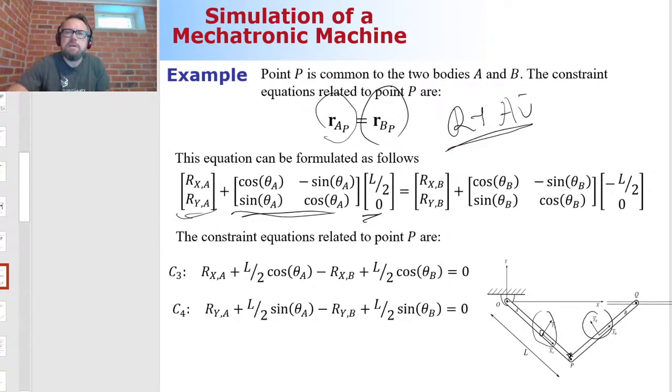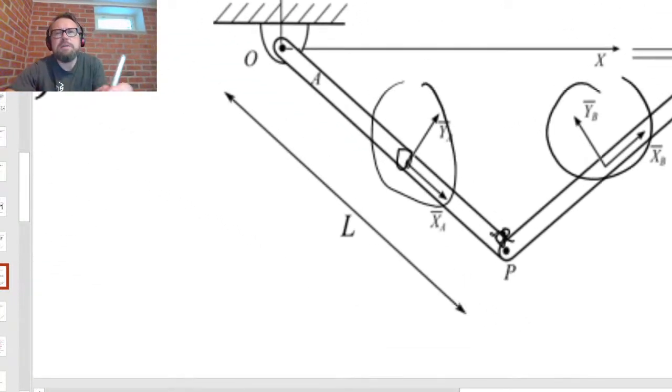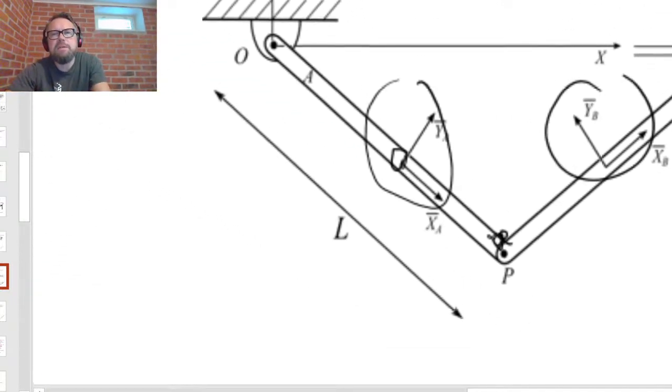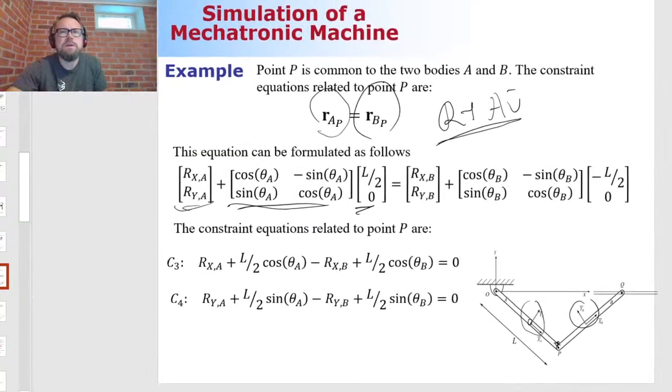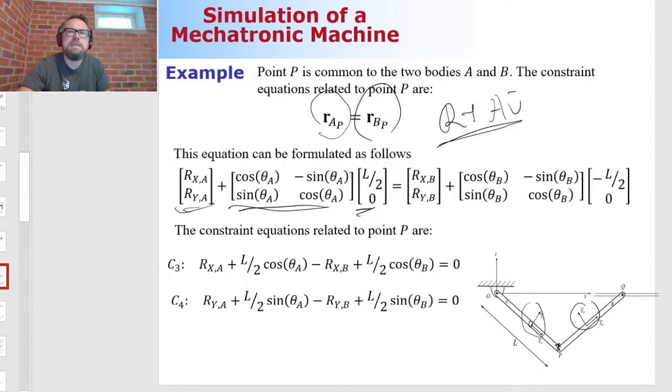I think I'm going to magnify this a little bit. I have to travel here in the positive direction, so the vector u bar is L divided by 2 in the x direction, 0 in the y direction.